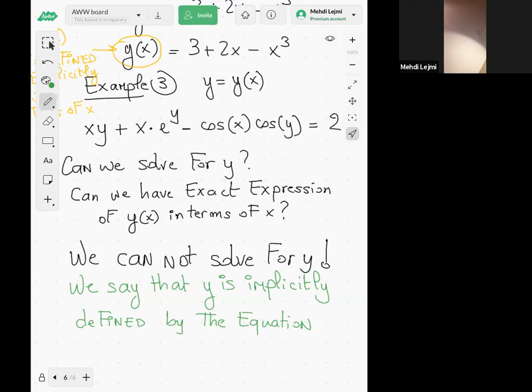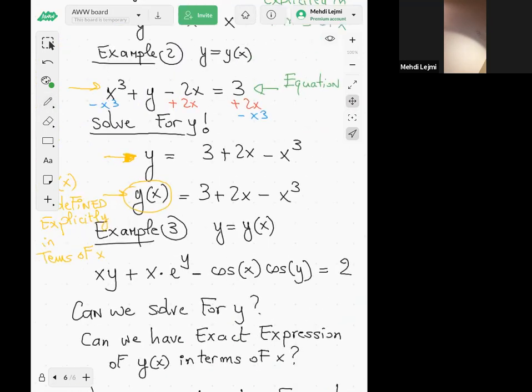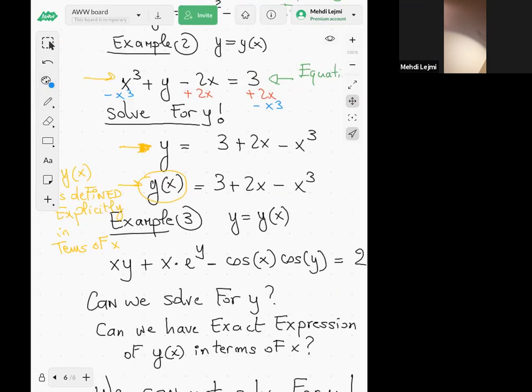Now, of course, we are interested in the derivative. When you can solve for y, for example in example number 2 with this equation here, y is equal to 3 plus 2x minus x cubed. And so you can compute the derivative.